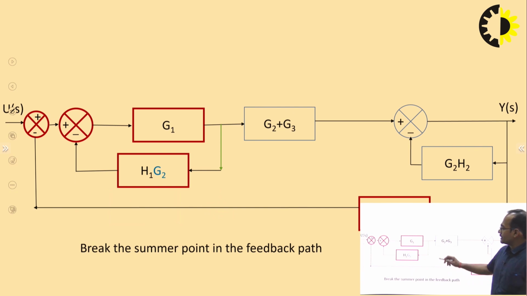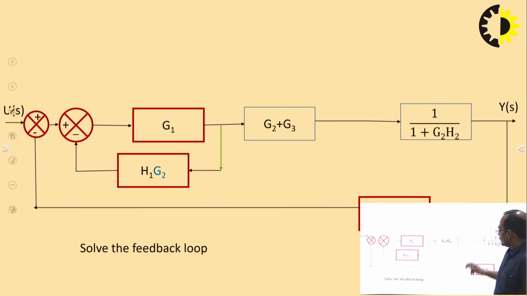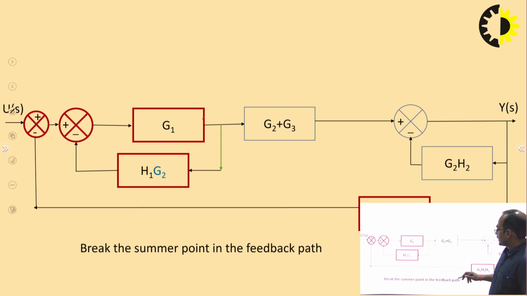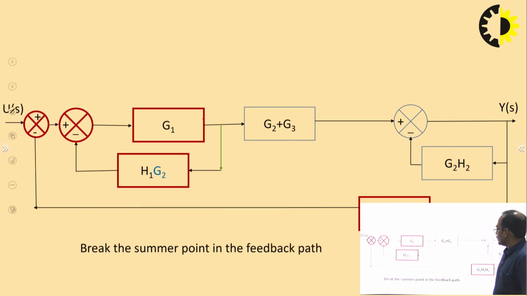After that you can see that this is the standard closed loop system. So you will get here G1 H1 G2. Now you will get this connected to minus G2 H2, and this is connected with this.